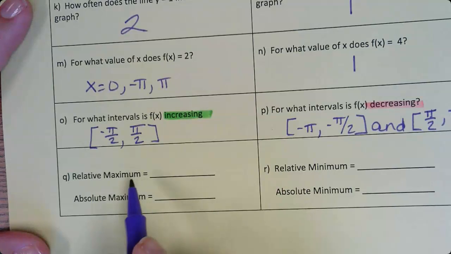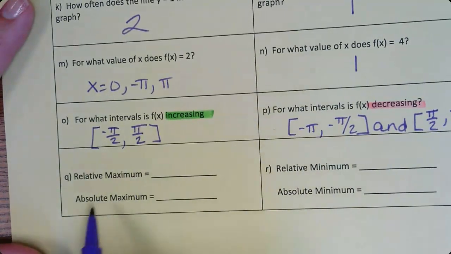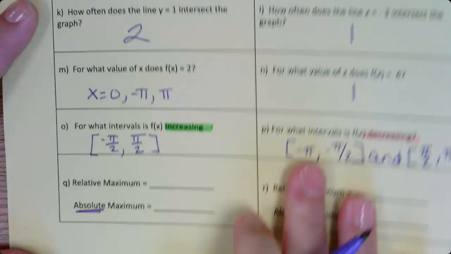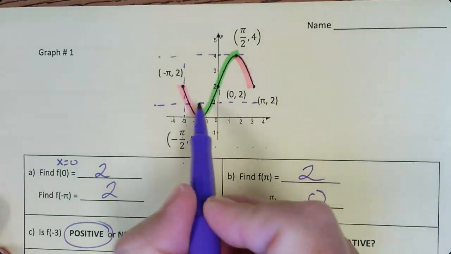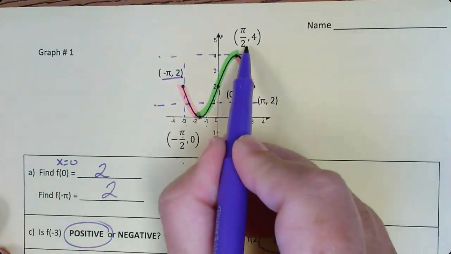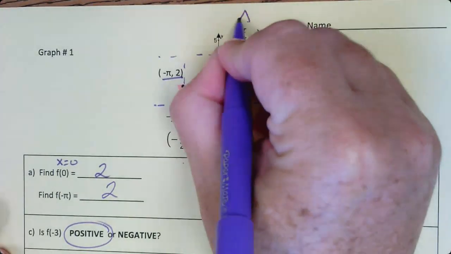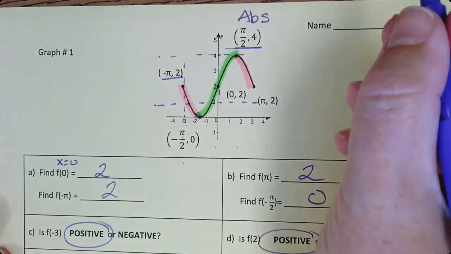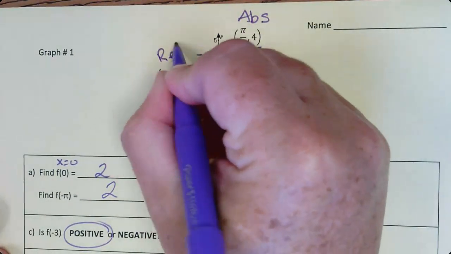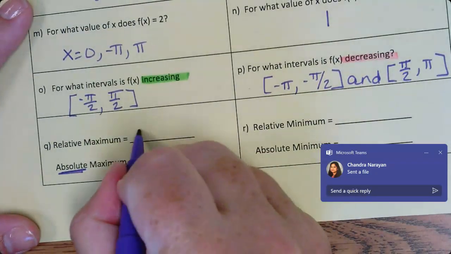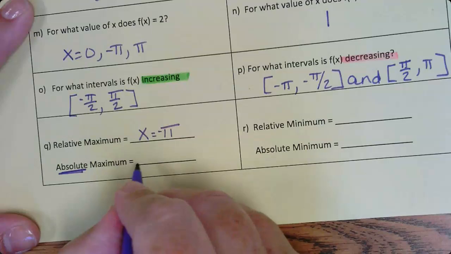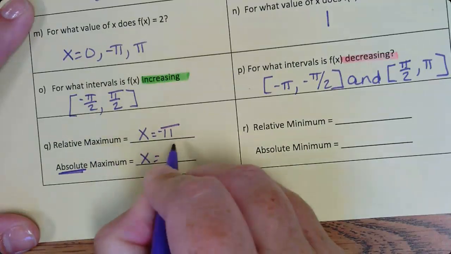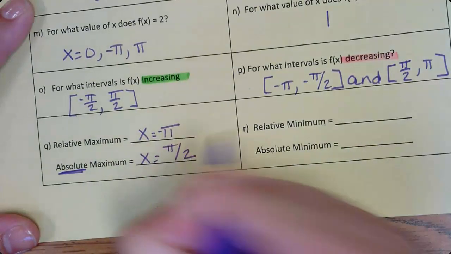Relative, remember it's a high point. This is the highest. I have a high point right here, and I have the highest. So this is definitely going to be my absolute, and this will be my relative. So I have a relative max at x equals negative pi, and an absolute at x equals pi over 2.